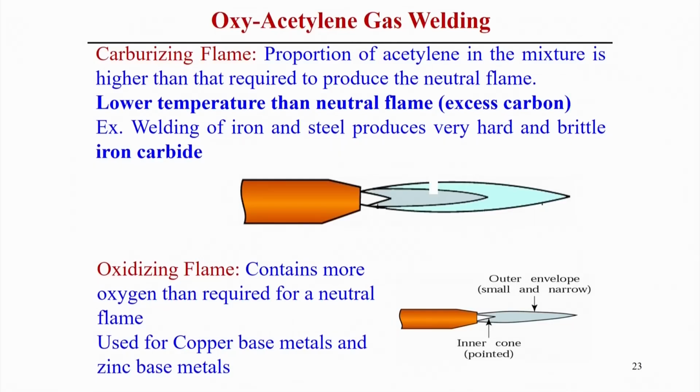From the picture we can see that apart from the inner cone there is an outer envelope, and that outer envelope is smaller and narrower compared to the neutral flame. This type of flame is used when a high amount of heat is required, for example, highly conductive metals like copper-based metals, and it can also be used for zinc-based metals. So, these are the very basic types of the gas welding process.